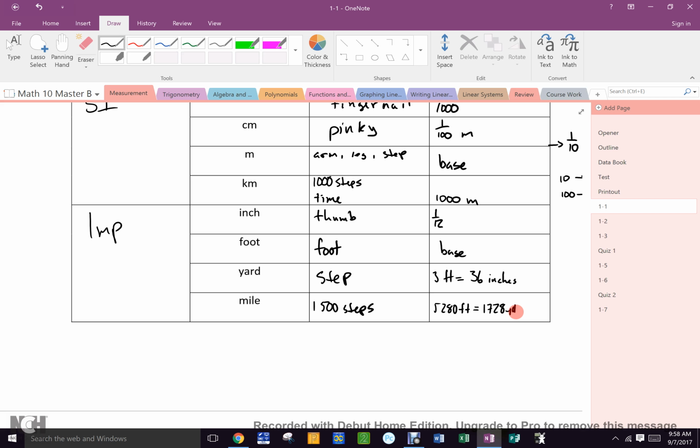Now, how many of you are 1,000,000,000 seconds old? I was. You're going to be 1,000,000,000 seconds old when you're 37.